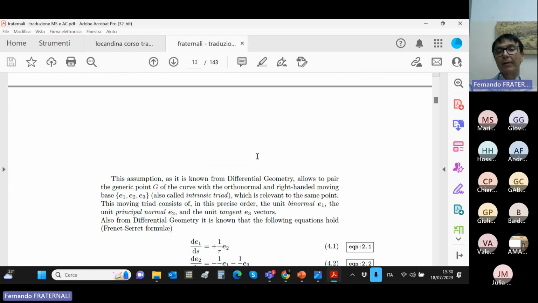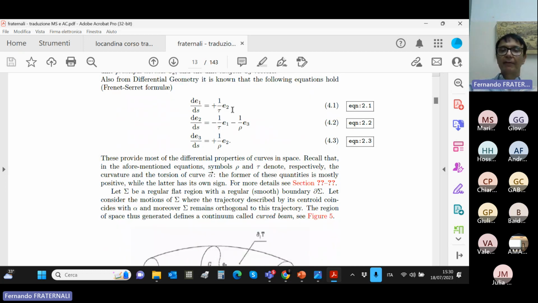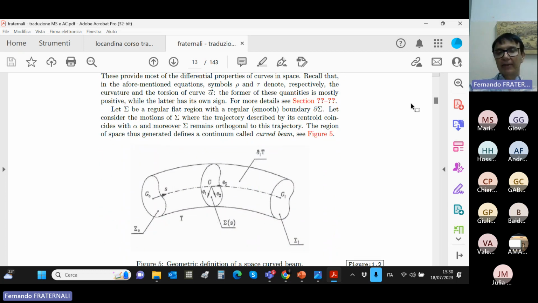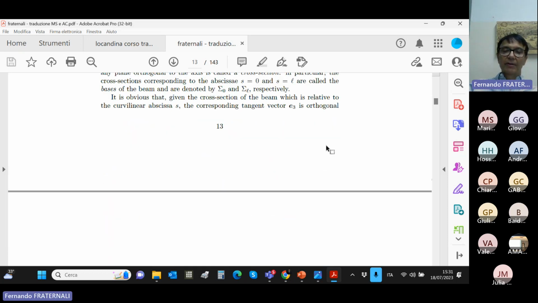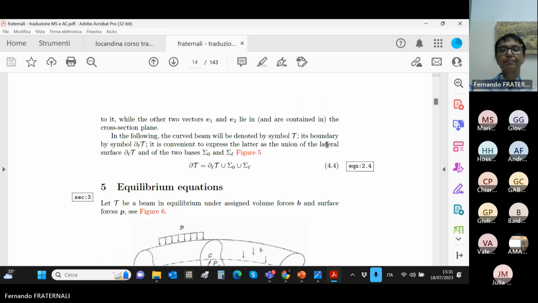And we recall the Frenet formulas, and some basic definitions of the lateral surface, which is the mantle of the beam, delta L, and the terminal basis, the axis line, and the base vectors that define the beam.